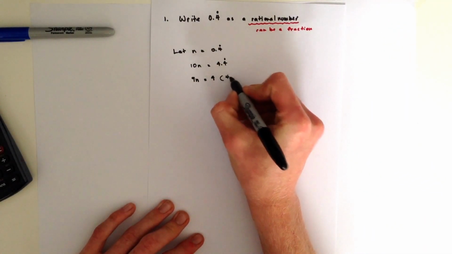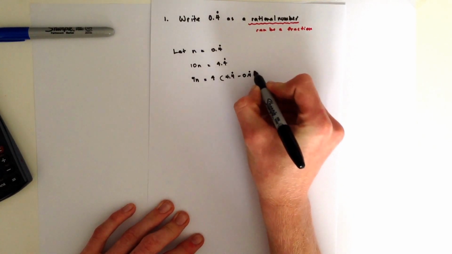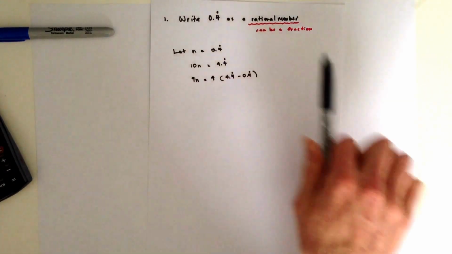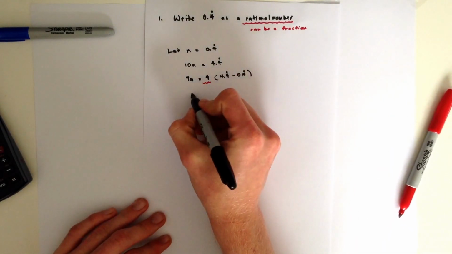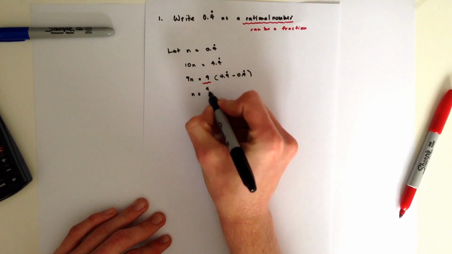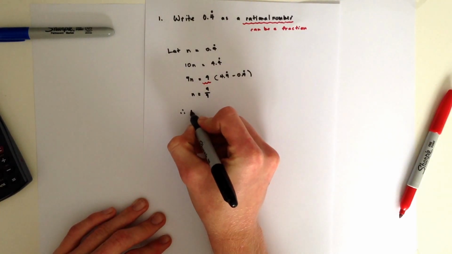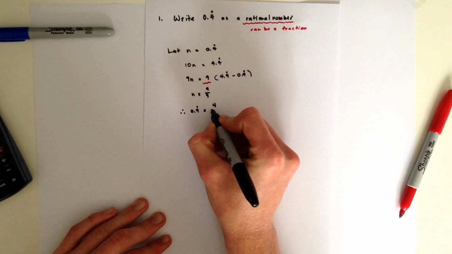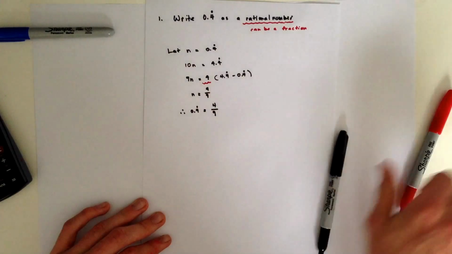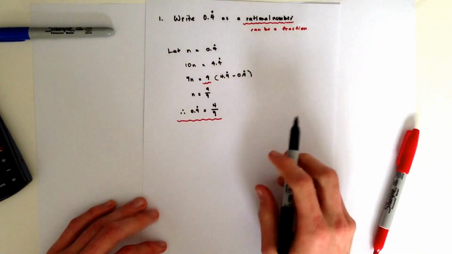Let me just write that in brackets. And that's where we get our 4 from. Now simply all we need to do is go n equals 4 over 9. Therefore, 0.4 repeater equals 4 on 9. And that's our answer.